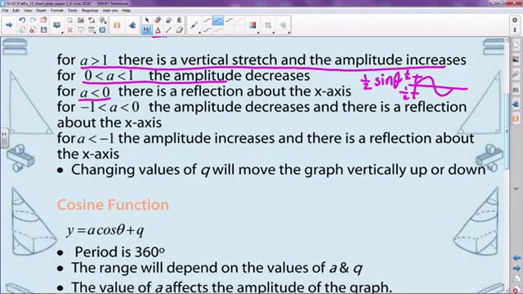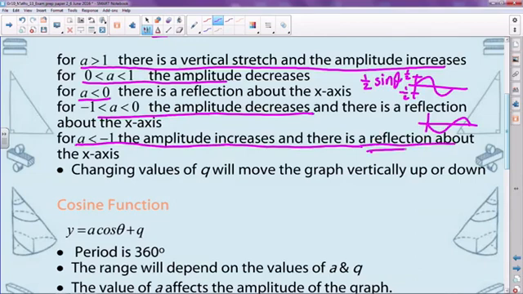And if A is less than 0, in other words, negative, it's going to be reflected. It's going to be upside down. Then once again, the amplitude will decrease if A is a negative fraction, but if it's a negative integer, it's going to increase, but there's also the reflection about the x-axis.